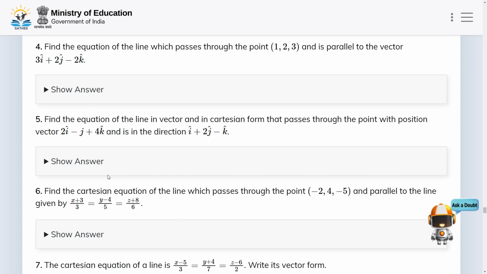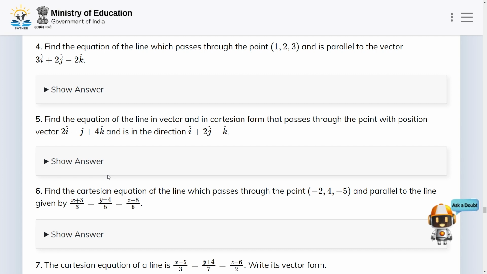Find the equation of the line which passes through the point 1, 2, 3 and is parallel to the vector 3i hat plus 2j hat minus 2k hat. Here you have to find the equation of the line which passes through this point 1, 2, 3 and is parallel to this vector. This means if your line is parallel to this vector, then your form will be what?